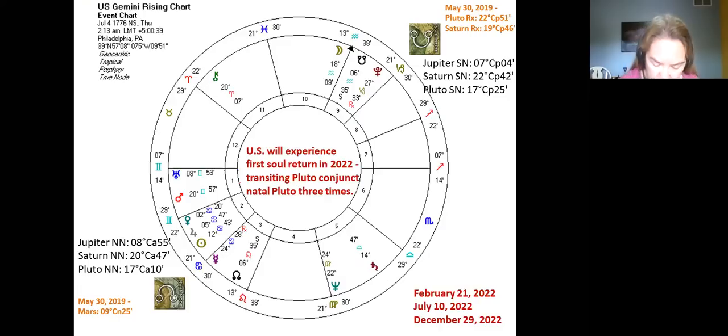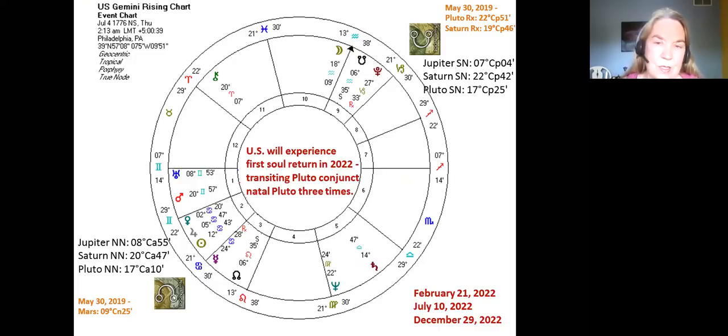Yeah, and if that wasn't enough, let's add one more thing in. We also have transiting Pluto in Capricorn, getting ready to make the first conjunction in the United States' lifetime to its natal Capricorn at 27.5 degrees. I use the Gemini rising chart. All of this is active.